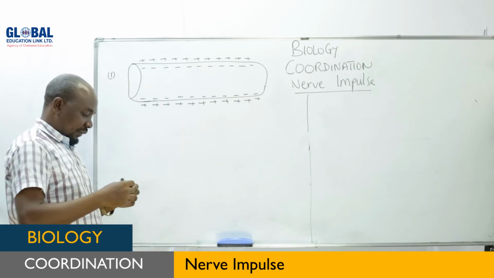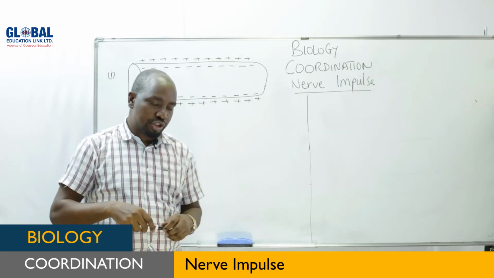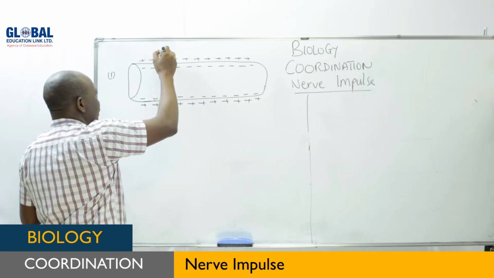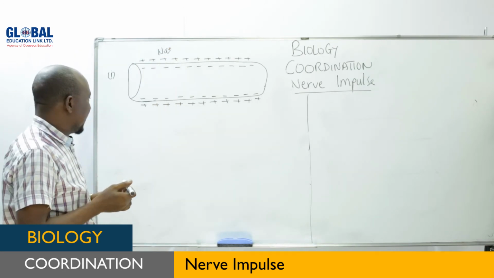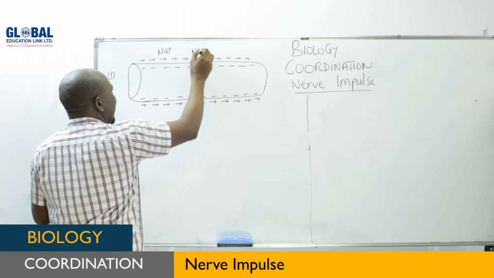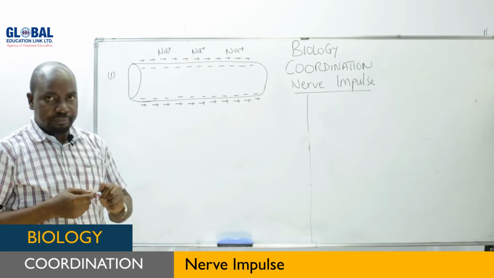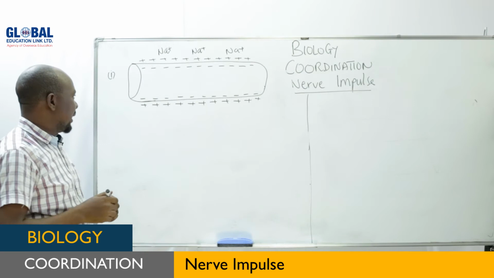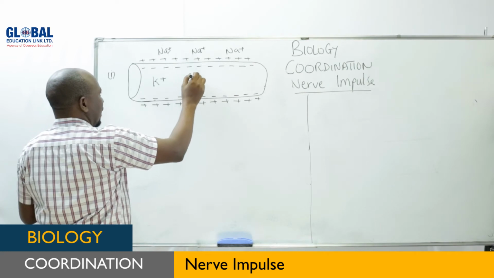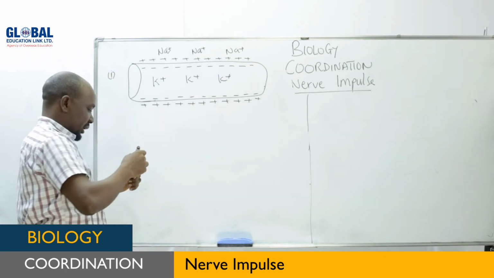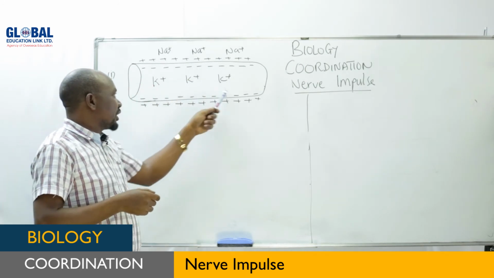Dear student, when we were discussing the ion distribution, I said the outside is positively charged by sodium ions, meaning that the sodium ions are many in number on the axon membrane, while inside the axon there are also cations, the potassium cations, but the cations are few in number compared with the negatively charged protein.